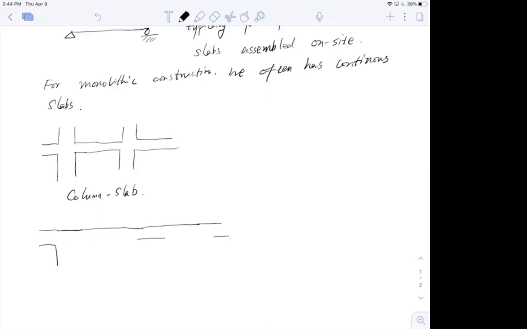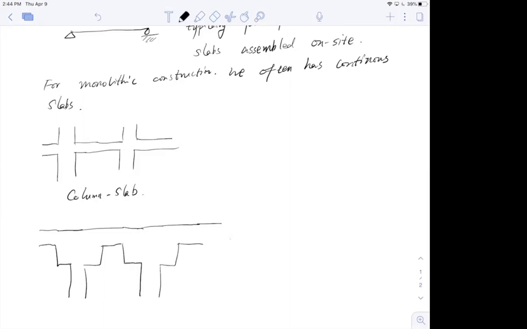So I have a girder here, and I have a column here. Let me clean this up to draw a better picture. Sorry, this is not my expertise, drawings. I'm gonna try to draw this nicely here.